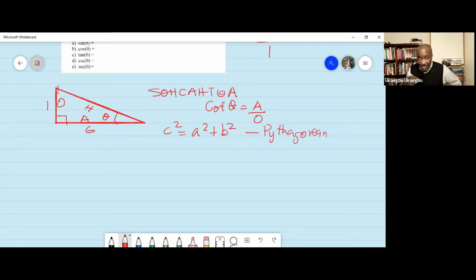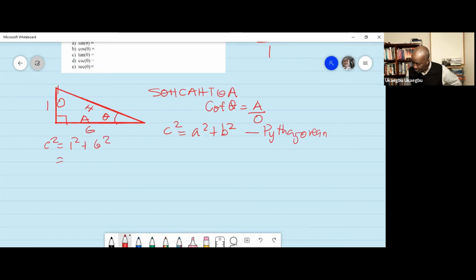You see how I'm writing the formulas that I need. Once you begin to write the formulas you need, it makes solving the problem easier. C is missing, but we have A and we have B.